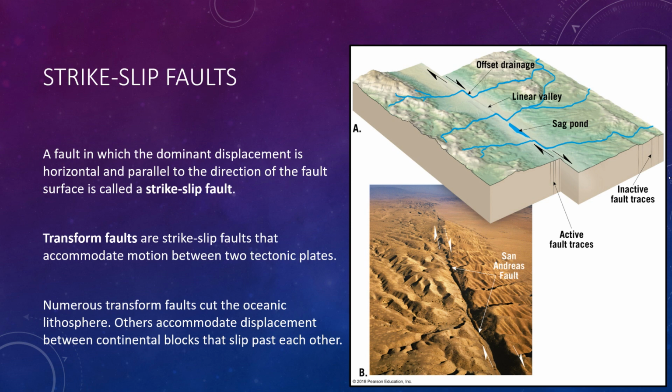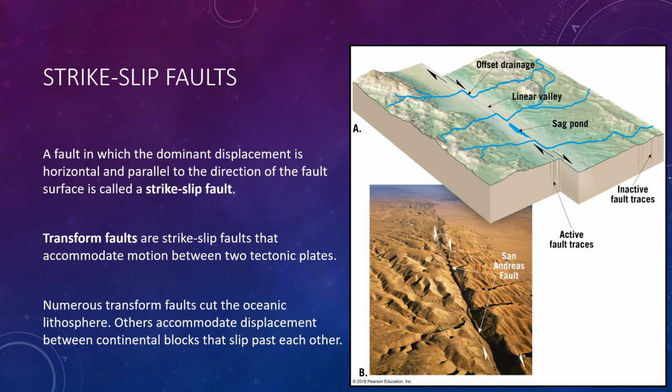Transform faults are strike-slip faults that accommodate motion between two tectonic plates. Although all transform faults are strike-slip faults, only those strike-slip faults that form from plate boundaries are called transform faults. Numerous transform faults cut the ocean lithosphere and link spreading ocean ridges.